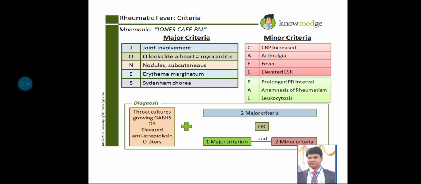Diagnosis is made depending on the throat culture findings or the presence of elevated levels of anti-streptolysin O titer, plus 2 major criteria, or 1 major and 2 minor criteria. By this we can diagnose the condition.